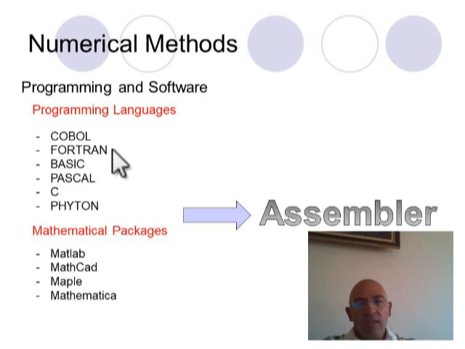And normally these are the translators. Okay, so still we are not directly communicating with the computer. You can even think of these programming languages as just translators, and they all translate the commands that we give to another language which is called assembler, because this is the only language that the computer knows.